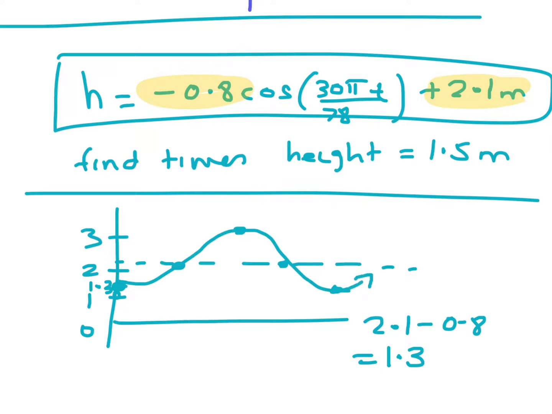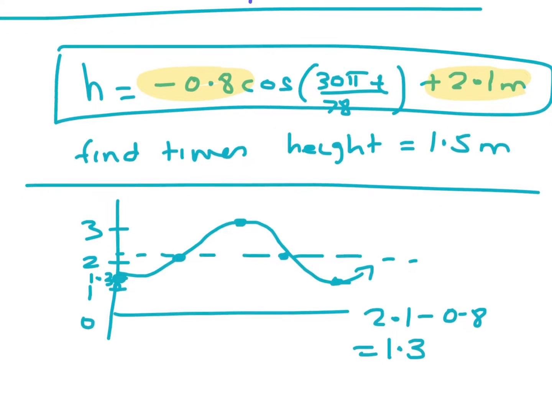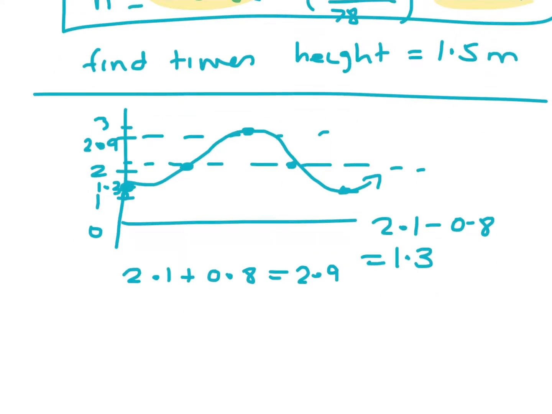And it has to go up. If you go 2.1 plus 0.8, that will go to 2.9. So the highest point here is 2.9, and it goes up to 3. Okay, so there's our graph.